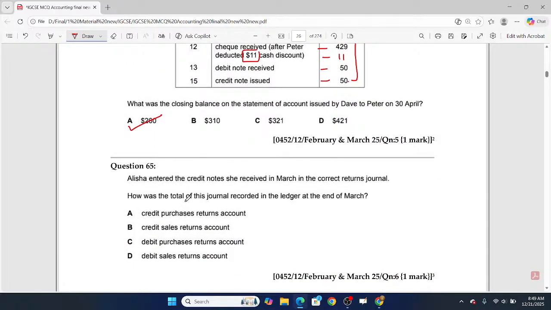Okay. And 65th. Alisha entered the credit notes she received in March in the correct returns journal.